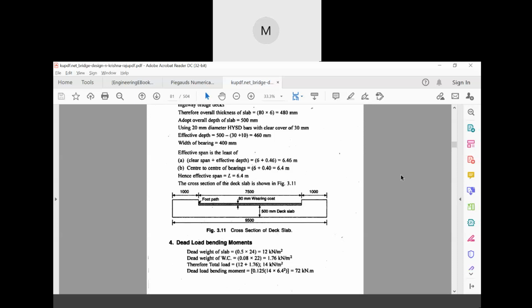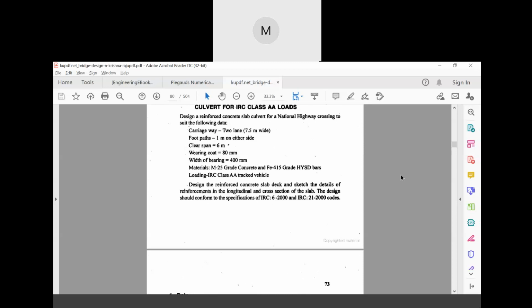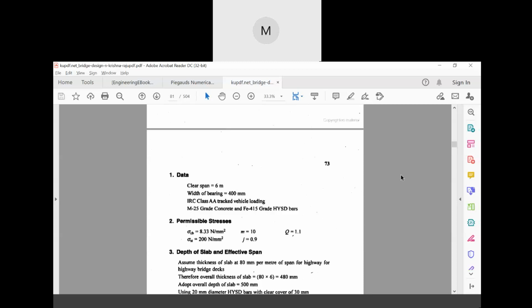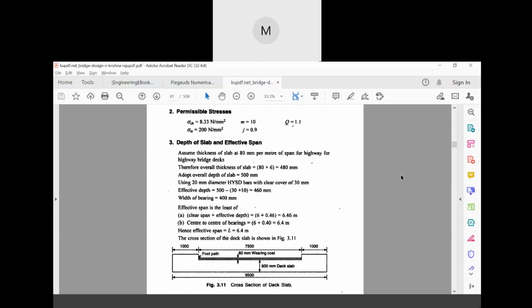Now, we have to find out the design. Now, this is the cross section. This cross section you can draw on the basis of the given data.